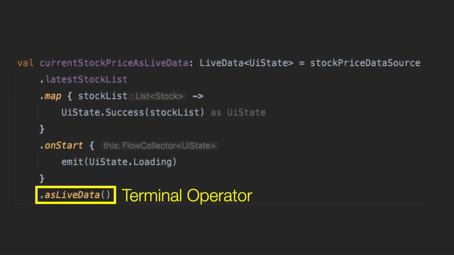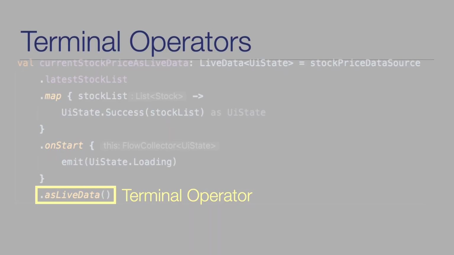Next, we covered the topic of terminal operators, which are needed in order to start the collection of the flow. Terminal operators are applied at the very bottom of the flow processing pipeline. Collect is the basic terminal operator, which simply starts the collection of the flow. All other terminal operators are built on top of collect.